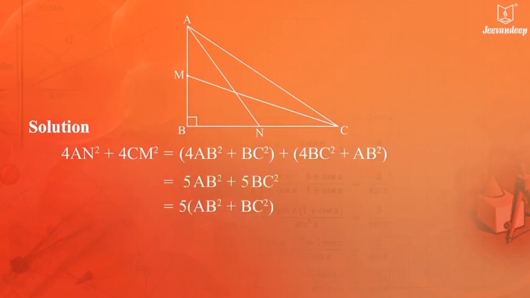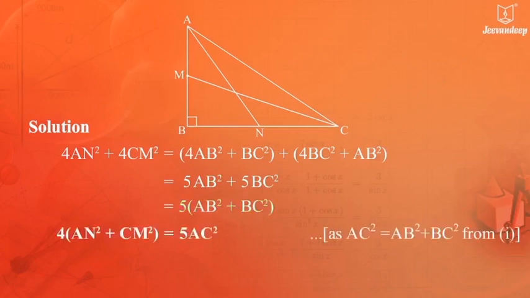That equals 5AB square plus BC square. Taking values from equation 1, we get 4AN square plus CM square equals 5AC square. Thus proved.